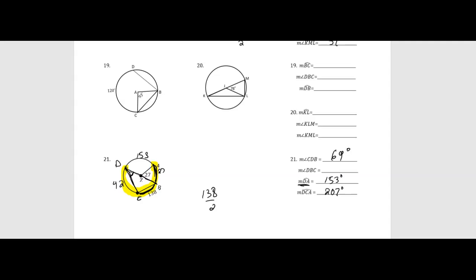And then DBC, find that angle, is this angle here. So look from here to here. I get too sloppy. And then that forms this arc right in here. And that's 42 degrees. So this angle has to be half of 42 degrees. So that angle must be 21 degrees.